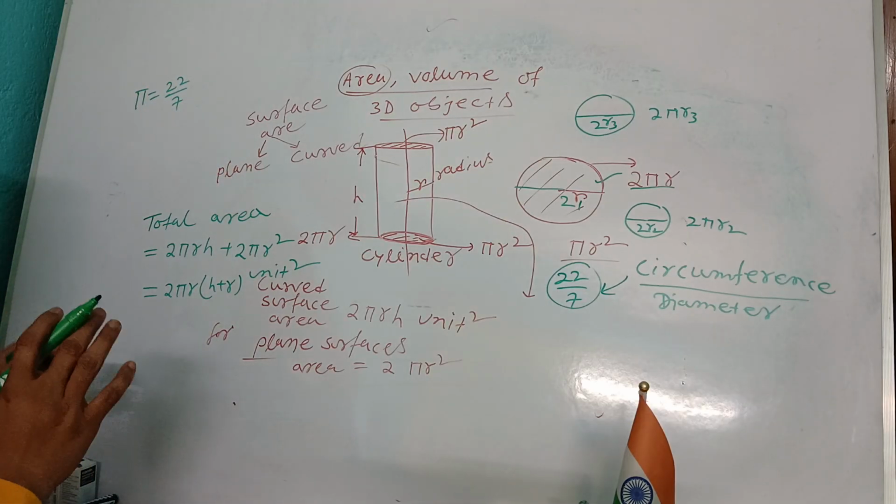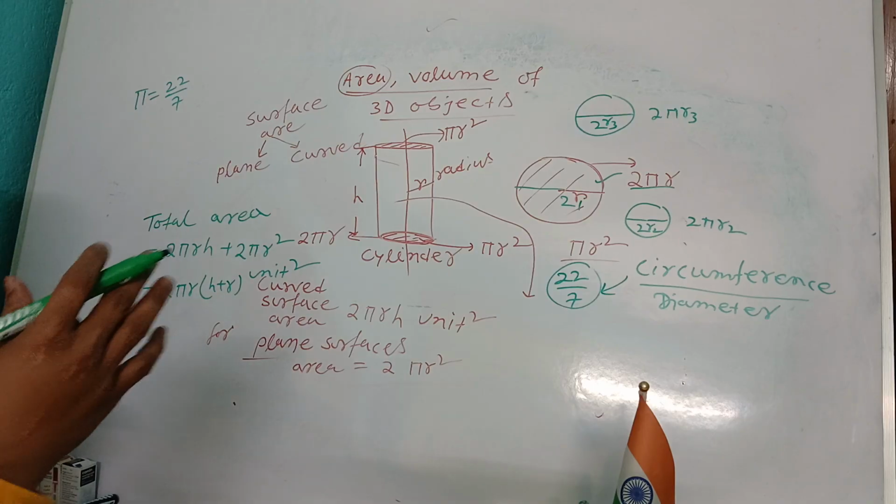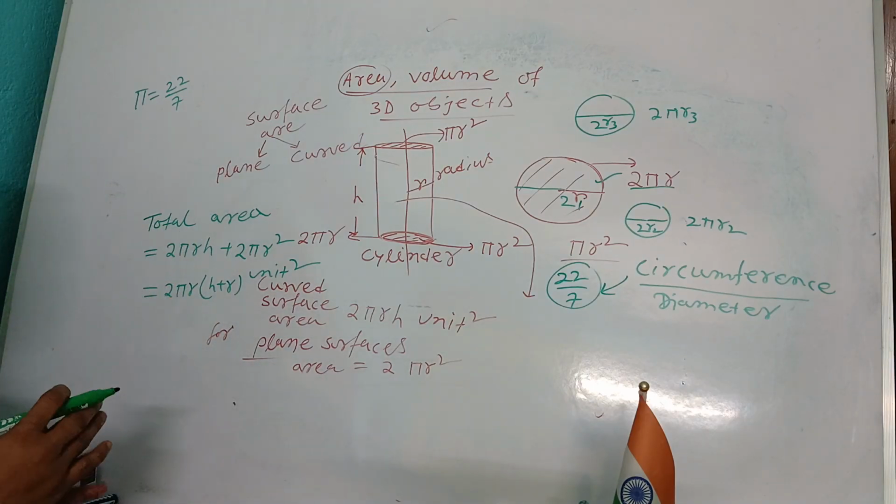Now here one concept: when we take pi in trigonometry, that time pi radian means 180 degrees, so that time it is different.